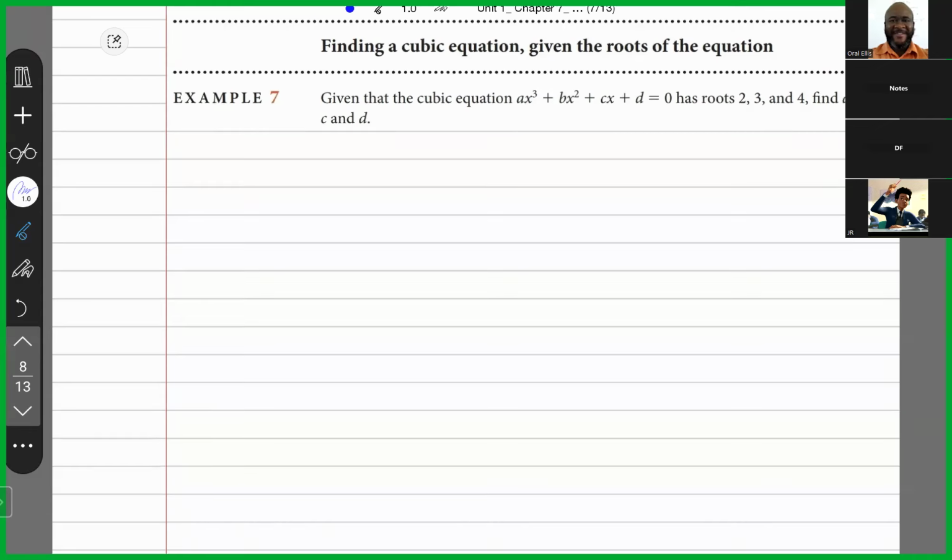All right, so in order for us to find a, b, c, and d, essentially we have to find the equation.